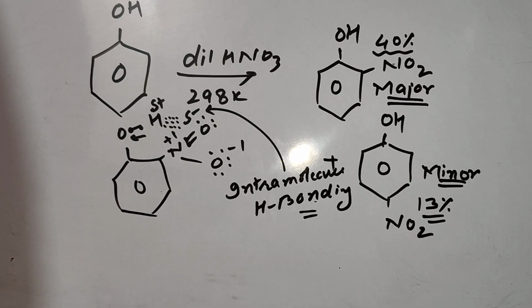Out of 100 particles, 40 particles are converted to orthonitrophenol, 13 particles are converted to paranitrophenol. Then what about the rest 47 particles? Next video, we will discuss it. Thank you very much for watching it.